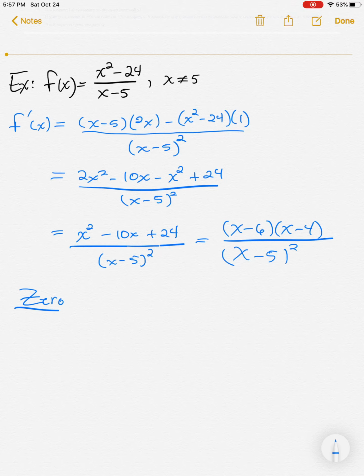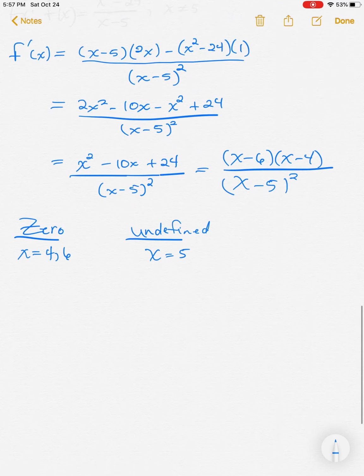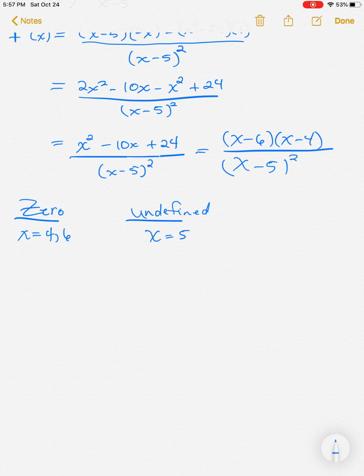So places that make it 0 are when x equals 4 and 6. And the places that would make your first derivative undefined, we're looking at the denominator when x equals positive 5. And the way we did that, we set the numerator equal to 0 to get the zeros location, and then to get the undefined location, set the denominator equal to 0.